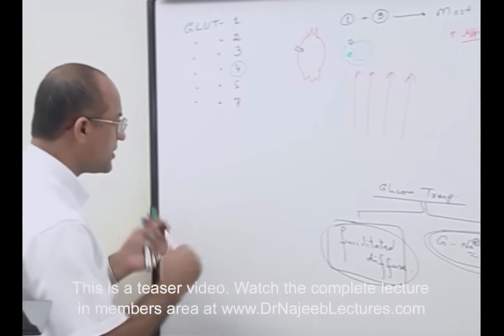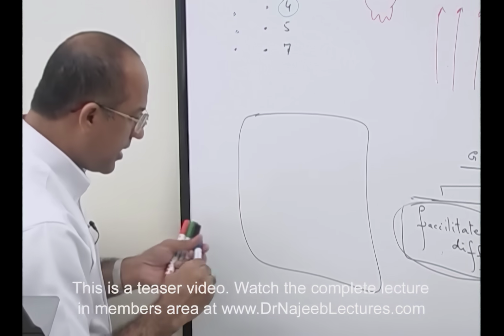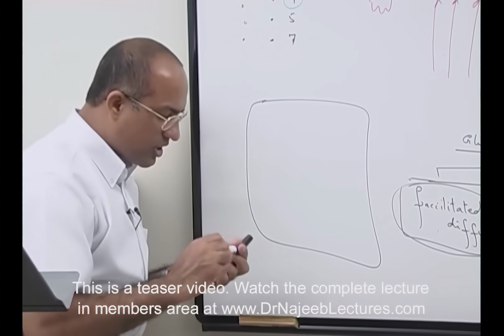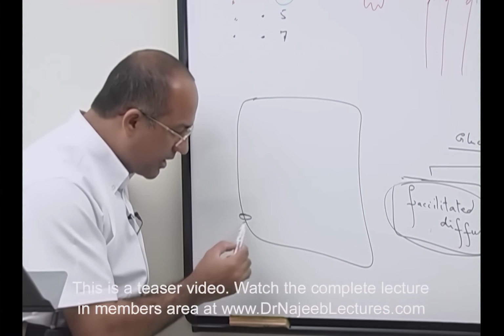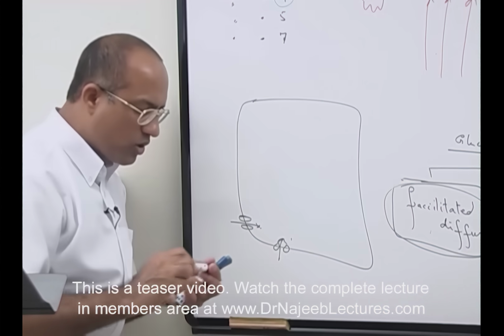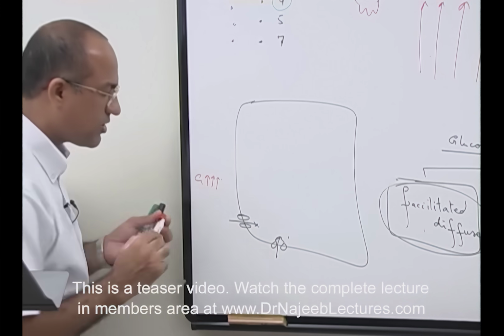Let me tell you how it happens. Let's suppose this is a cell, and normally type 1 and type 3 transporters are there, and they take only a very basal level of glucose in. But whenever glucose level in the blood becomes very high, what really happens?